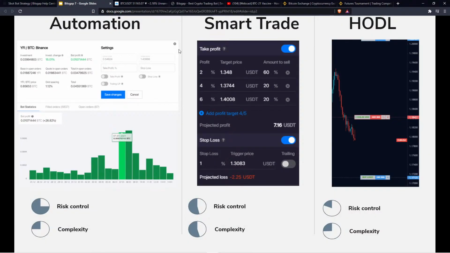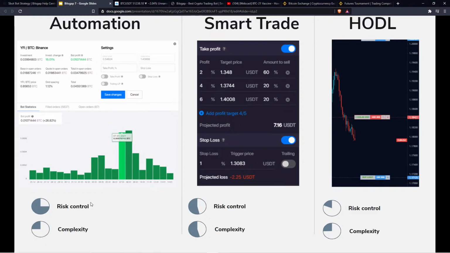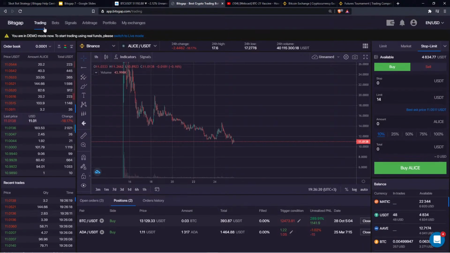And the next basically strategy is the automation, where we have the best risk control, and that's, in my opinion, the simplest strategy that you can have on the cryptocurrency market so far, thanks to Bitsgap, because the way we made it here at Bitsgap, it is really simple.